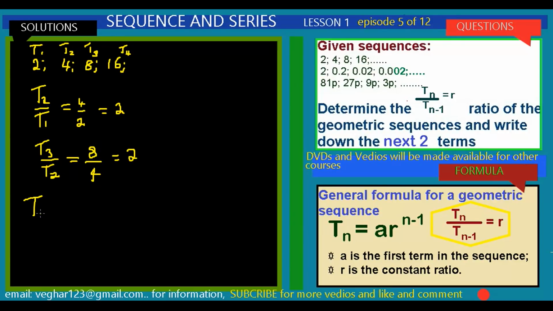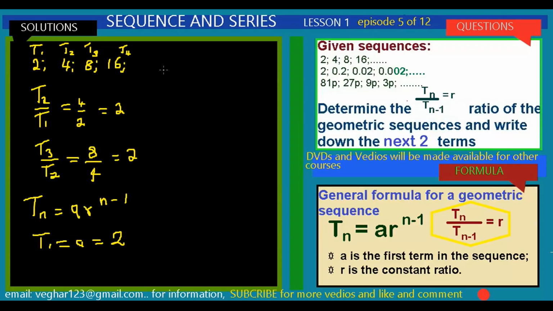We have T n equals a r to the n minus 1. Term number 1 is a, which is 2.